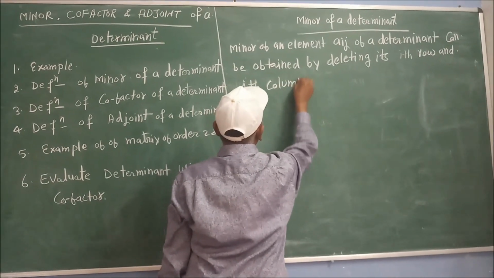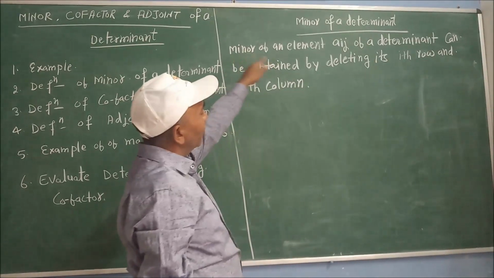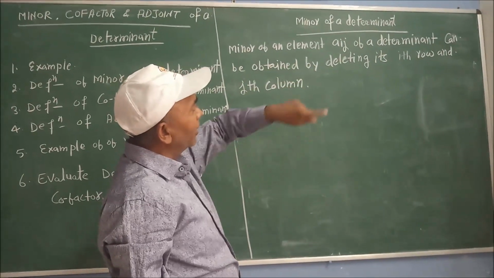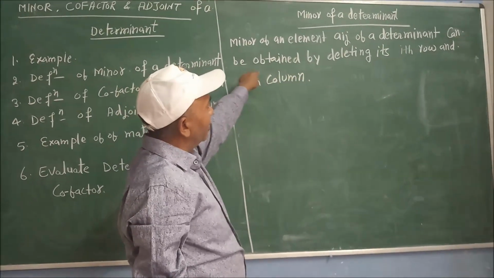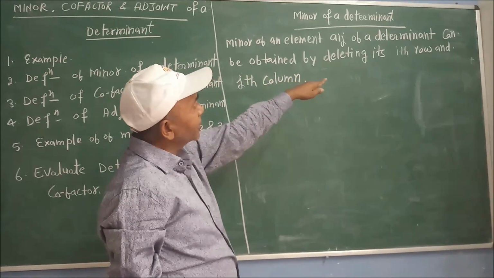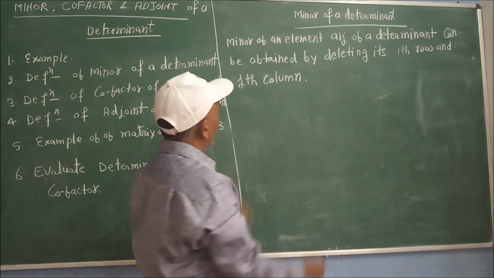Once again, see the definition. Minor of an element Aij of a determinant can be obtained by deleting its ith row and jth column.